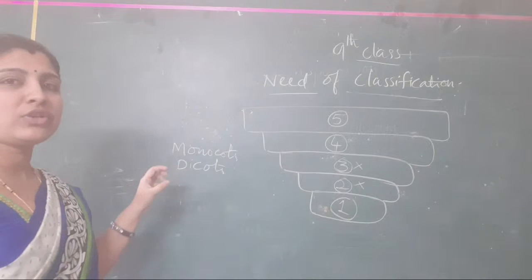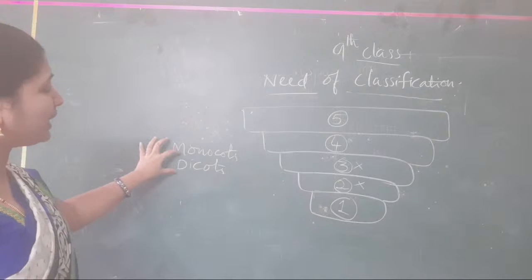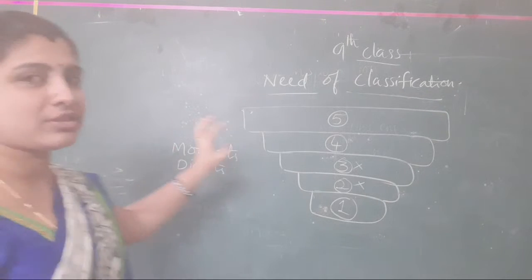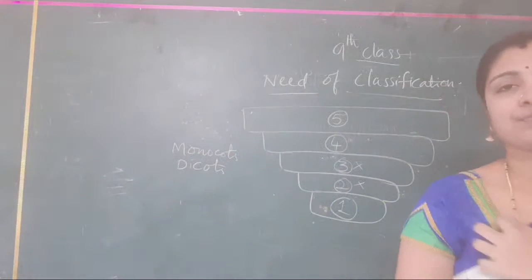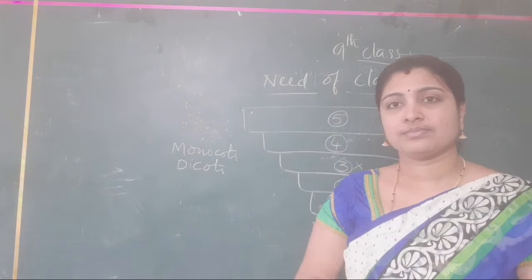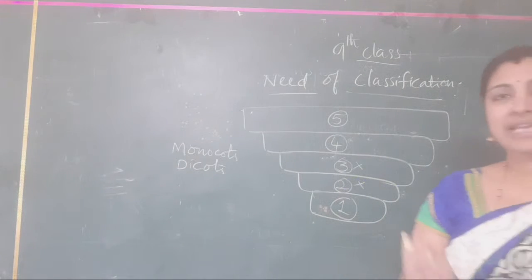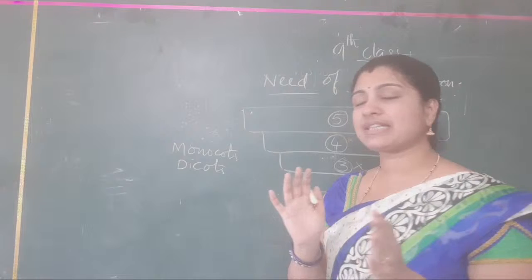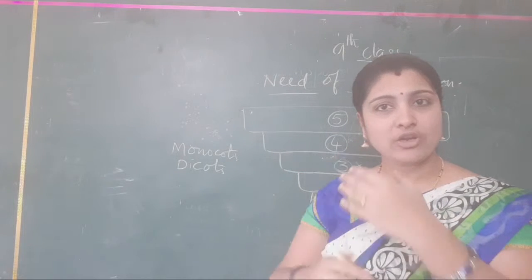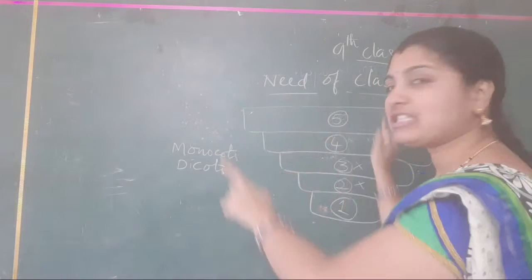Here, which place will you give for monocots, and which place for dicots? The scientists have classified all the living organisms and given a place in the classification.